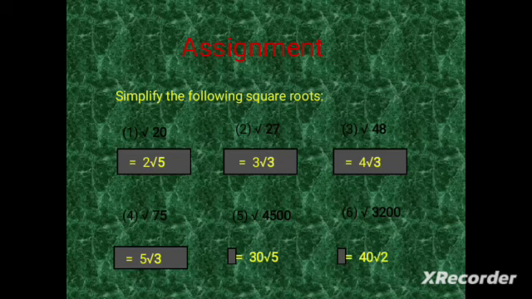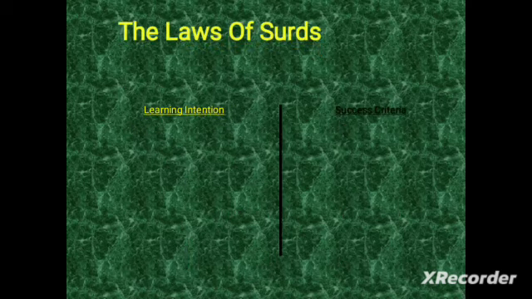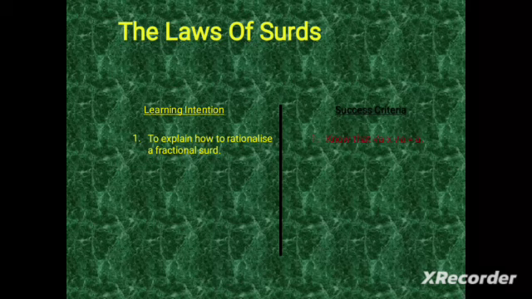Okay, now let's move to laws of surds, the second law of surds. Our learning aim here is to explain how to rationalize a fractional surd, and our success criteria: know that root a times root a is equal to a.